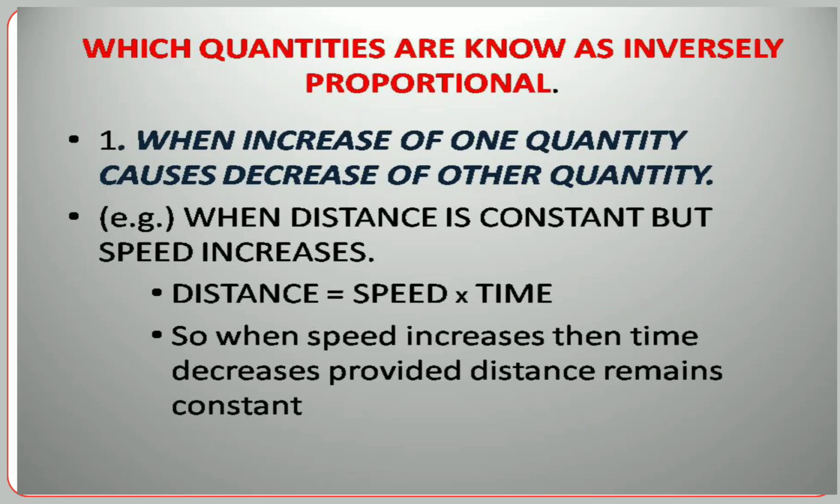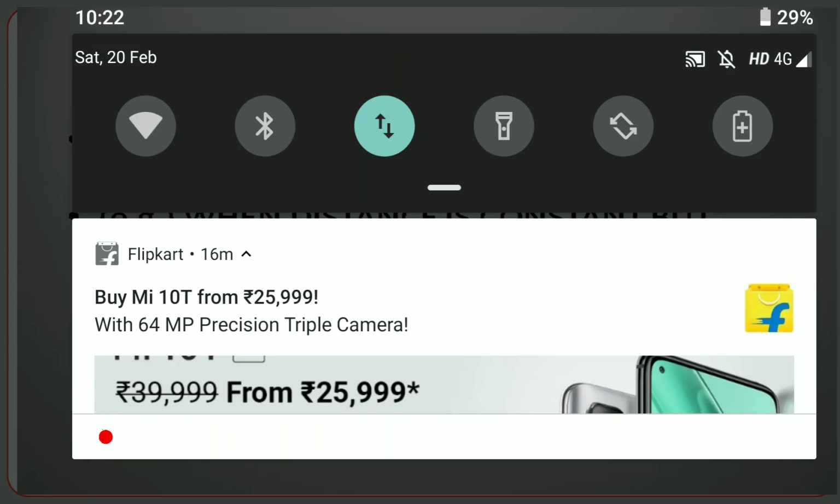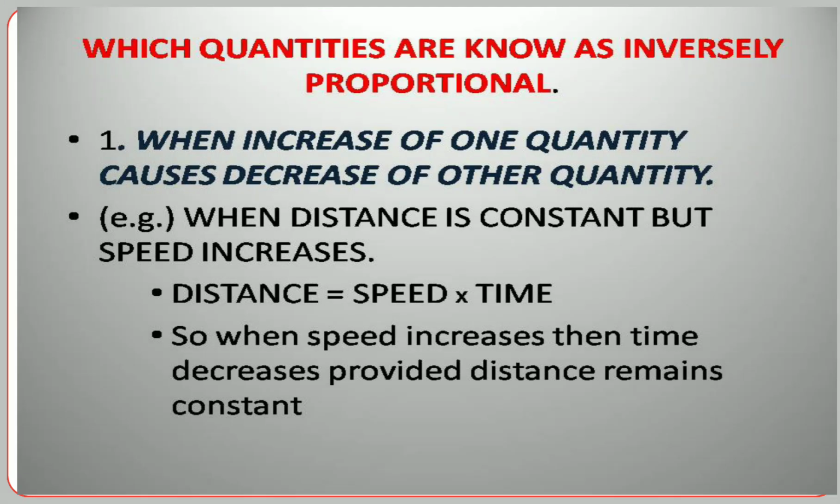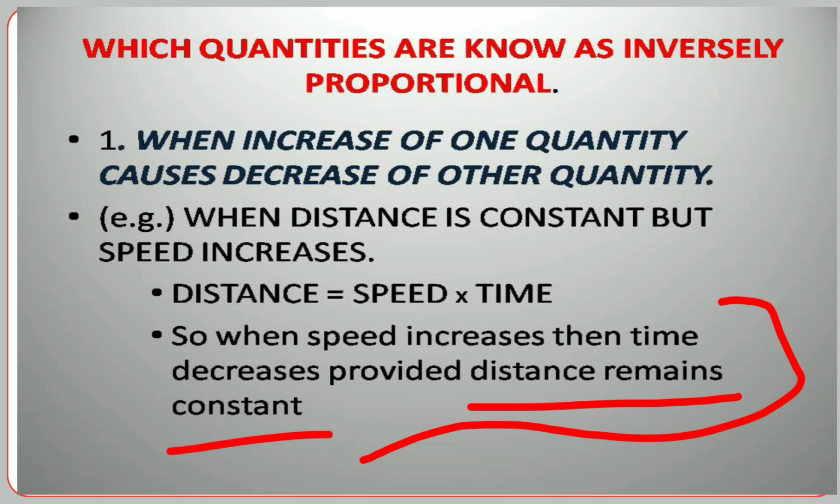See, when an increase of one quantity causes a decrease of the other quantity, then these quantities are known as inversely proportional. In this case, the distance between office and home is constant, not changing. So when speed increases, time decreases, provided distance remains constant. This is very important: if distance is constant, then time has to decrease.